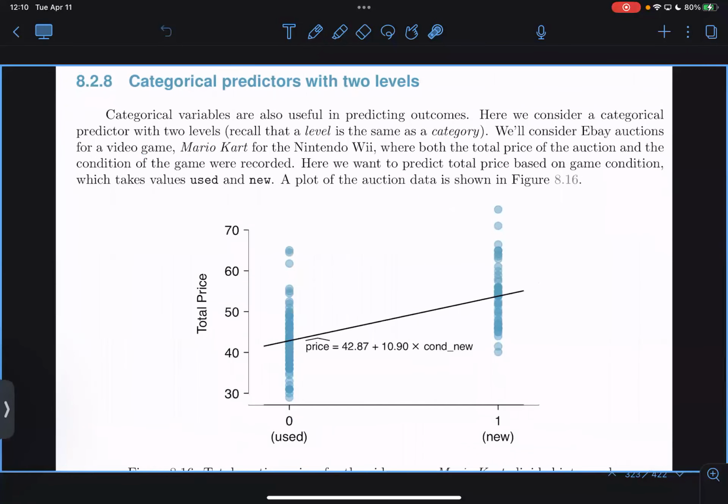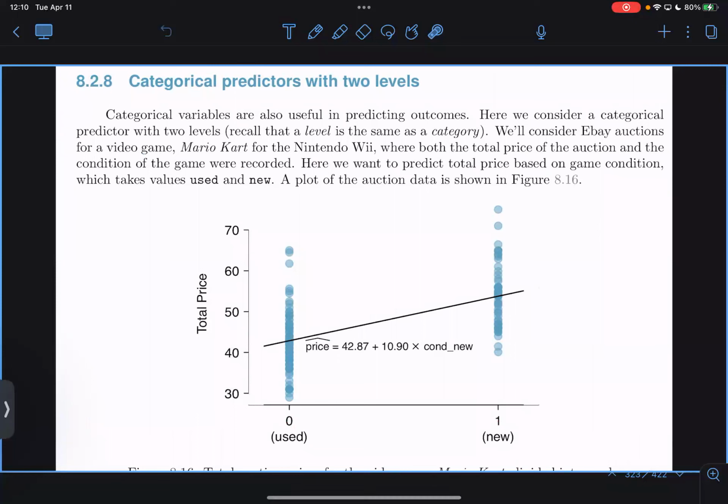But here, so here, if we want to look at the total price for eBay auctions for the Mario Kart for Nintendo Wii, and the only predictor that we have, so the only X that we have, is whether it was used or whether it was new, right?